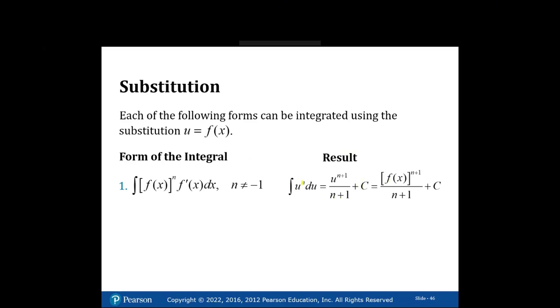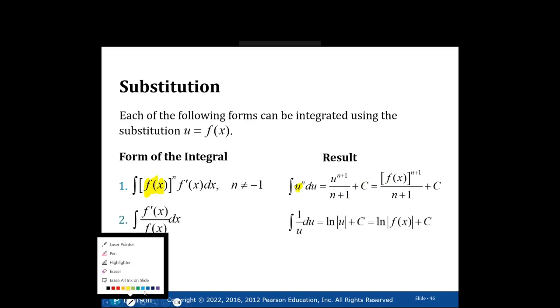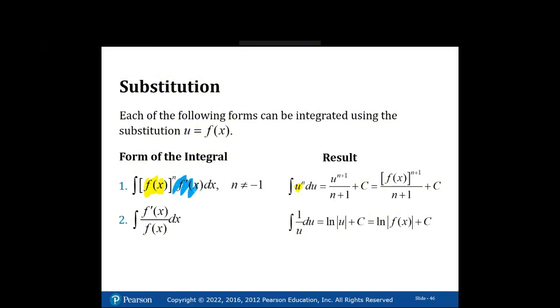So here you can see that the u is our f of x, and then our du is f prime dx. And then here we have f prime over f, and this over f, that's to the first power.